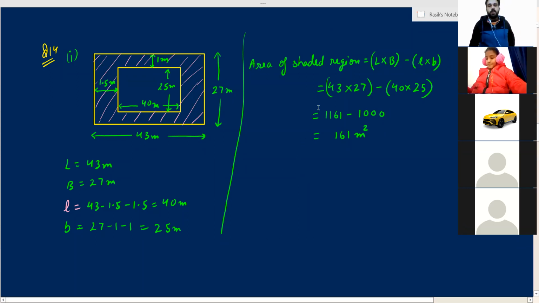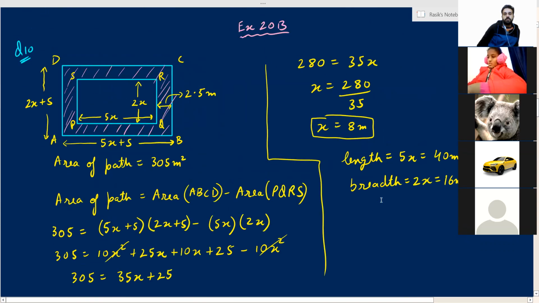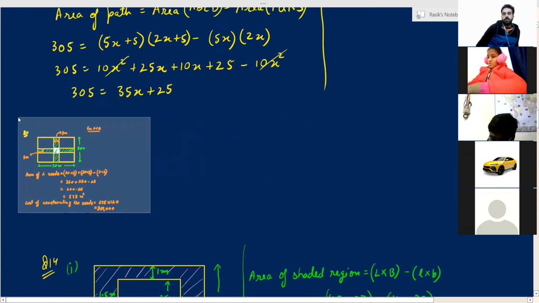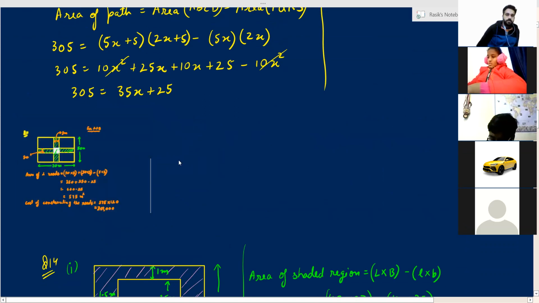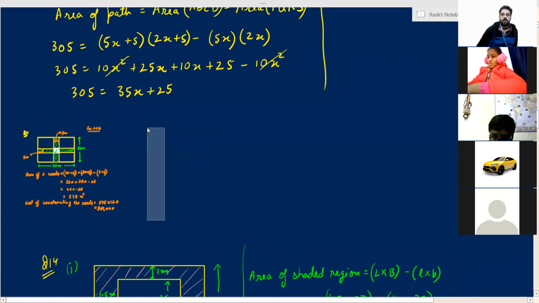In this question, you will first find the area of roads. You know how to find the area of roads. We have done a lot of questions like this. Question 11 also we did. Area of road, that type of question we have done. So in question 14, second part, we will first find the area of both the roads. But we do not have to find the area of the roads.